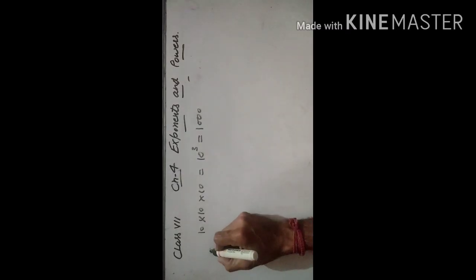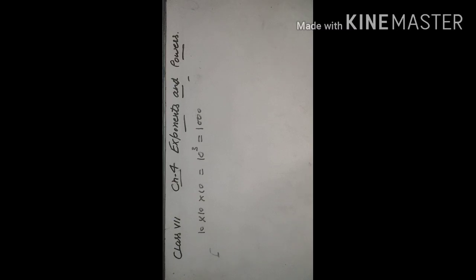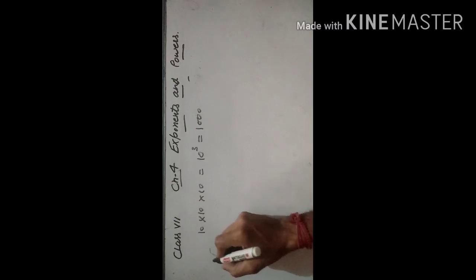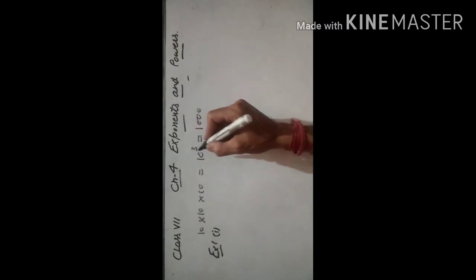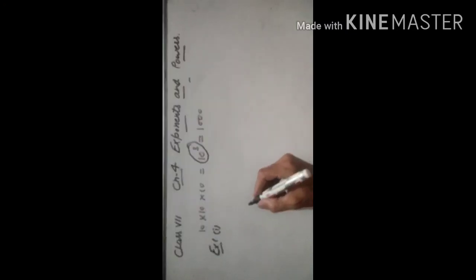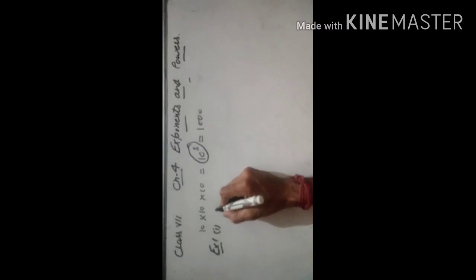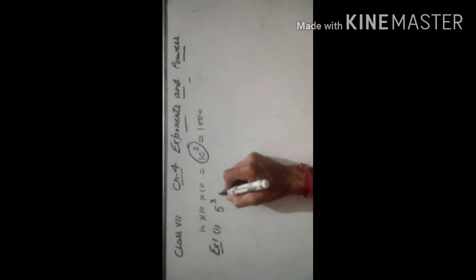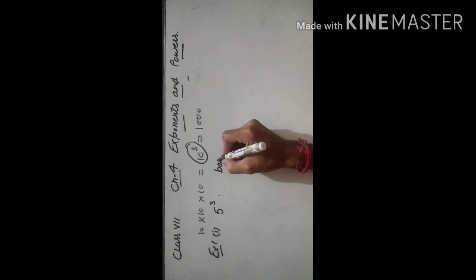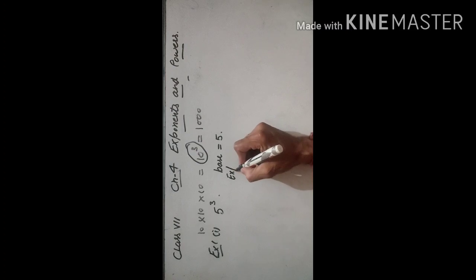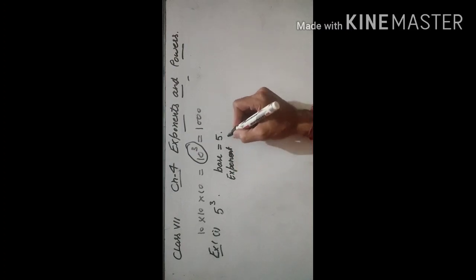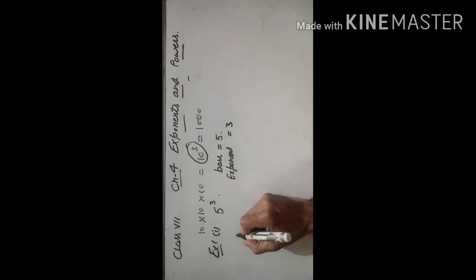Now come to example number 1. Example 1, first part: write the base and exponent of the following exponential form. This is called exponential form. So the first part is 5 to the power 3. Now here the base is 5, exponent or index is 3.